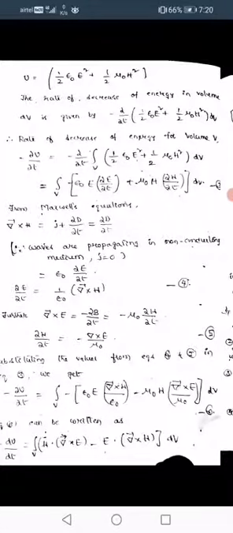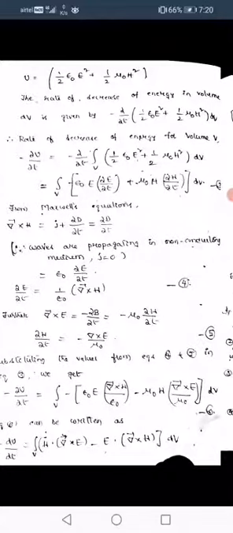From Maxwell's equations, that is from Ampere's law. What is Ampere's law? Integral B dot dl equal to mu naught I. Ampere's law can be converted into curl form using Stokes theorem. Integral curl B dot ds equal to mu naught integral J dot ds.